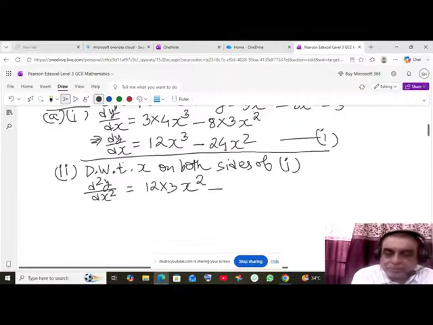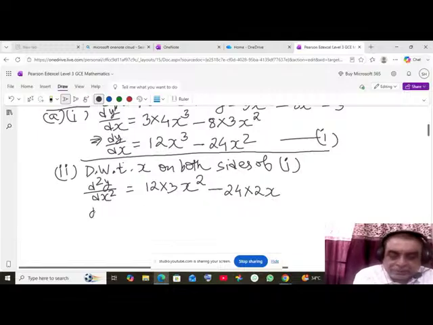Do the same thing with minus 24x squared. Bring the power of x down and multiply it with the coefficient of x squared, and reduce the power of x by 1. So 2 minus 1 becomes 1, no need of writing 1, so just write x.